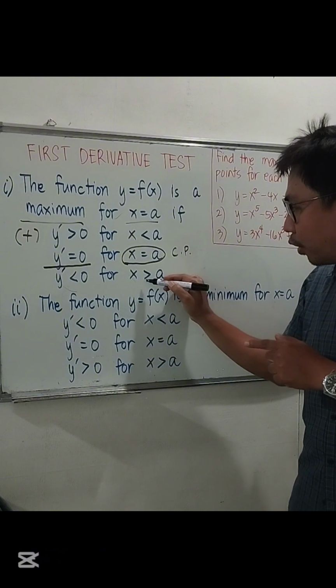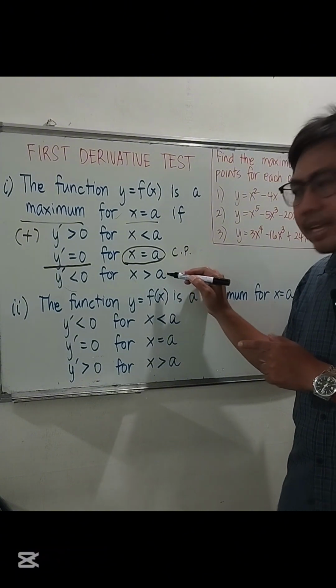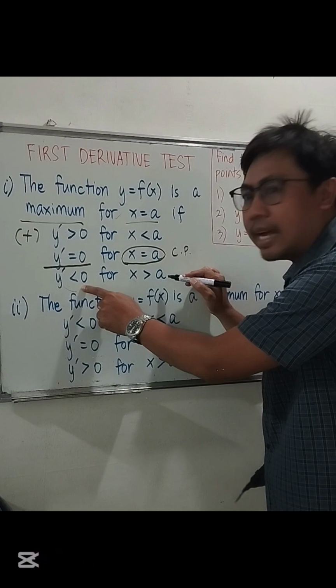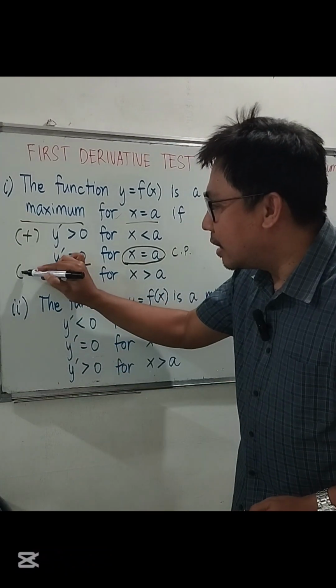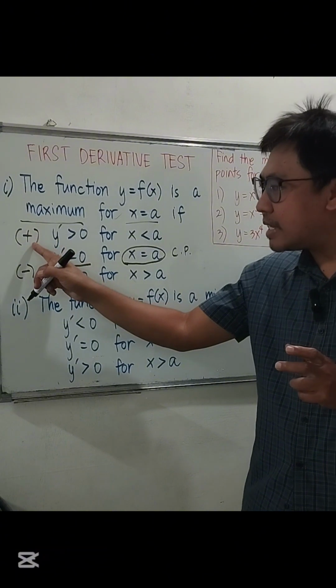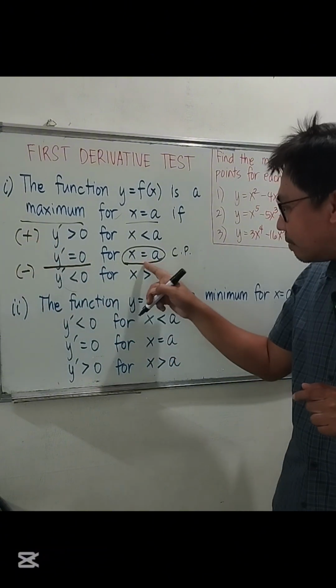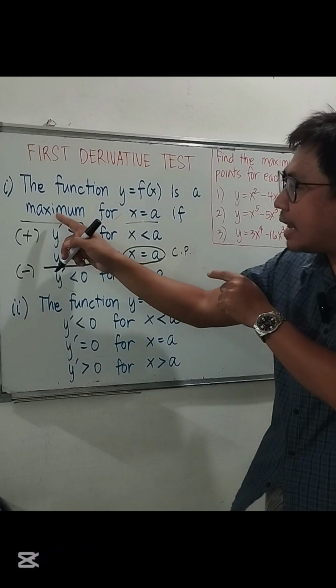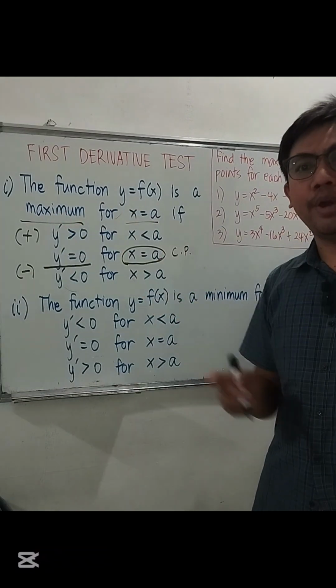For x greater than a, y prime is less than 0, so the sign is negative. If the sign changes from positive to negative, that critical point is a maximum point.